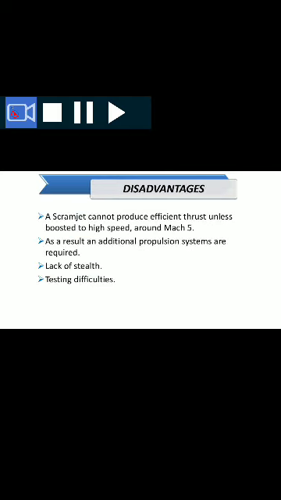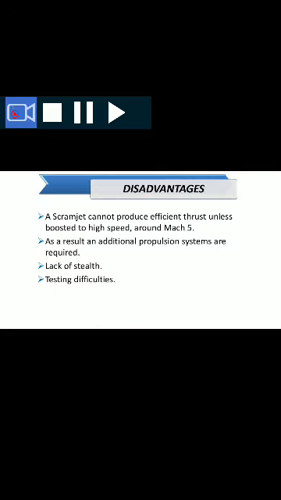Next, disadvantages of the scramjet engine. A scramjet cannot produce efficient thrust unless boosted to a high speed, around Mach number 5. Only when the flight reaches high altitude and high Mach number will the scramjet take the inlet air for supersonic combustion.